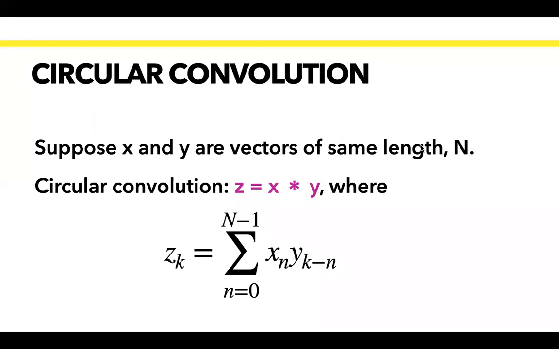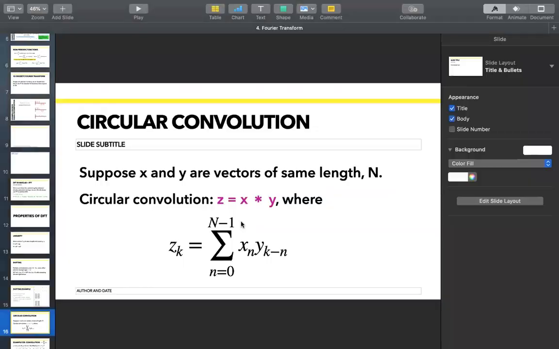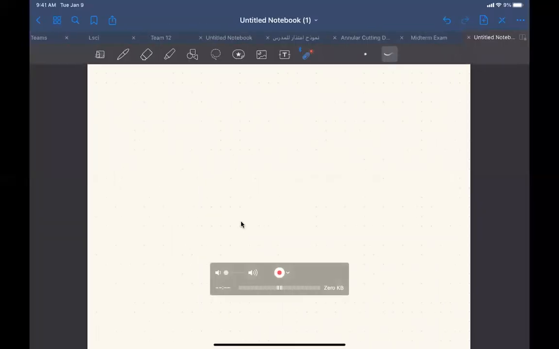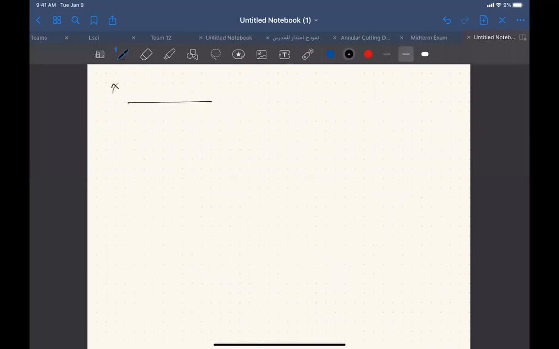Generally, convolution, let me just draw it out. It looks like this. You have 2 signals. Here we have x, which could look something like this. And here we have y, perhaps also this rectangle function.